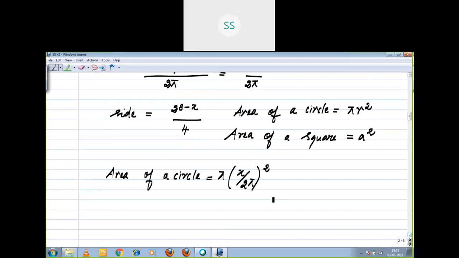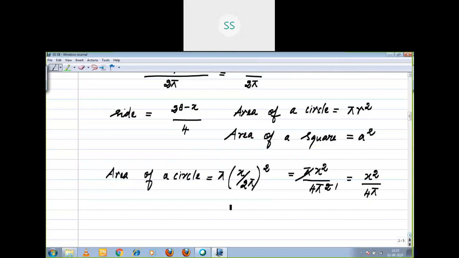Which is equal to pi into x square divided by 4 pi square. One pi cancels, and you arrive at x square divided by 4 pi.